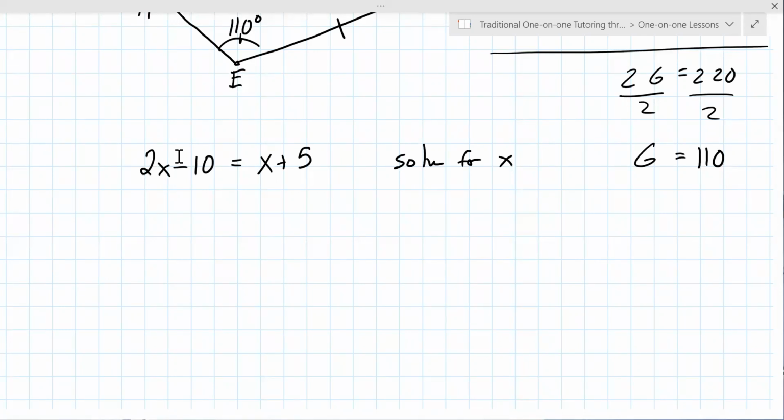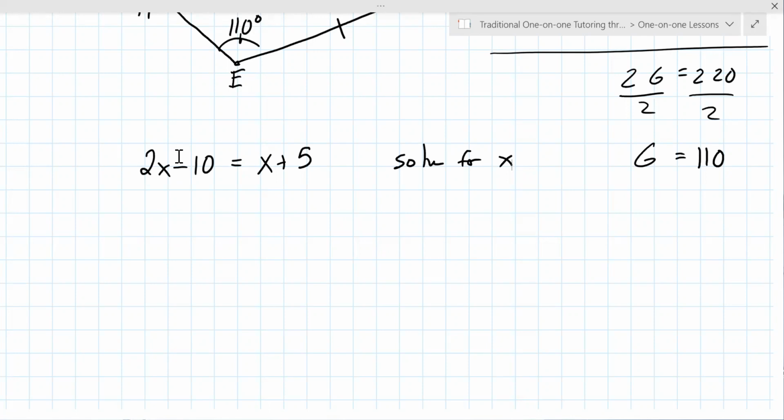You have to get the x's on the same side.